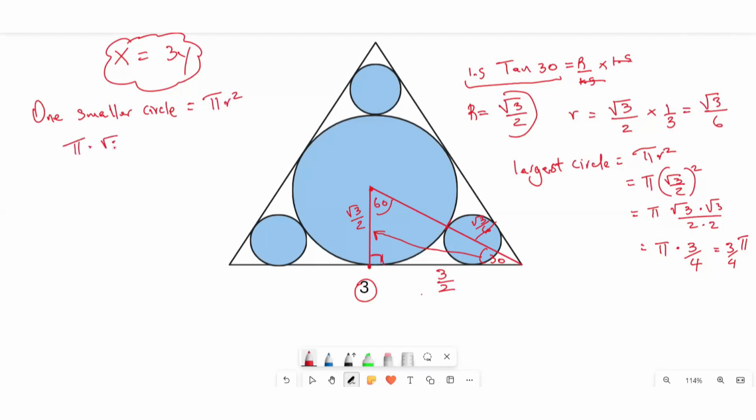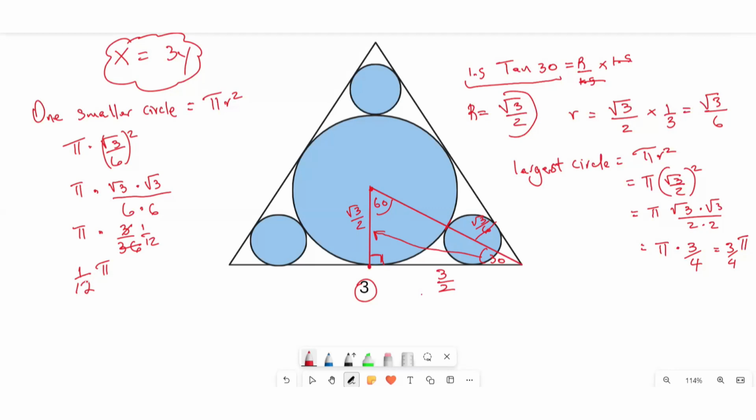R is root 3 over 6, and I'm going to square this. So we'll have pi times root 3 times root 3 over 6 times 6. And this is going to give me pi times 3 over 36. If I break this down, I'm going to have 1/12. So basically, I have 1 over 12 pi. And this is for just one of those circles.